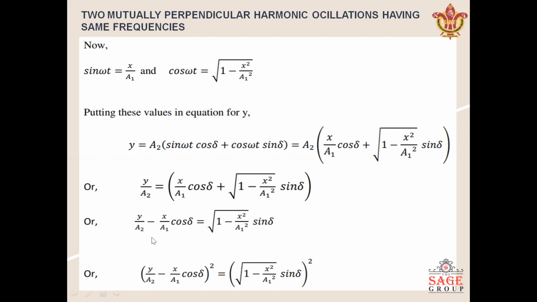Or by rearranging this equation, we can take y upon A2 minus x upon A1 cos delta, and on the right hand side, under root 1 minus x square upon A1 square into sine delta. Now squaring both sides, left hand side and right hand side. So this equation will be written like this.